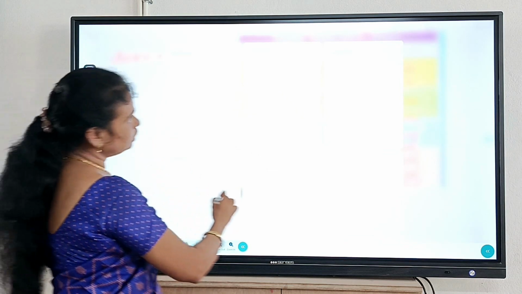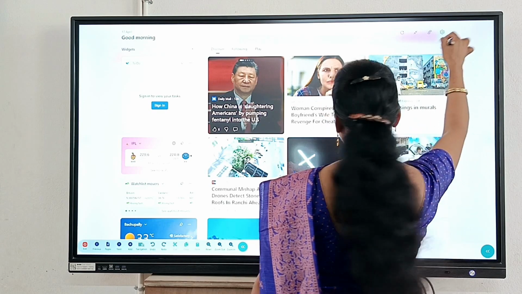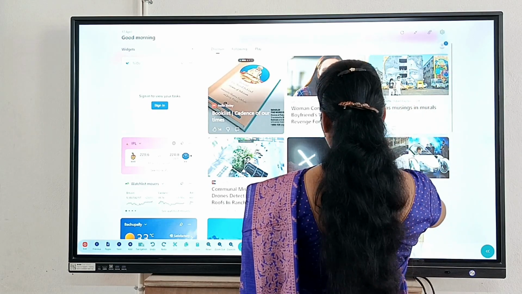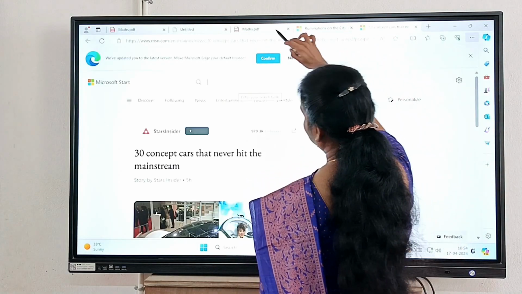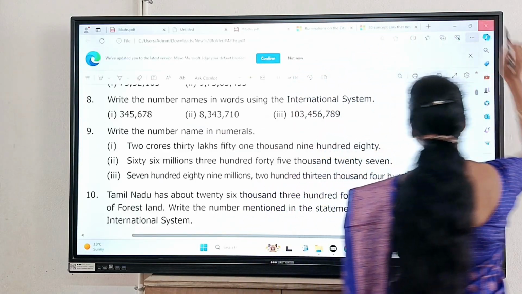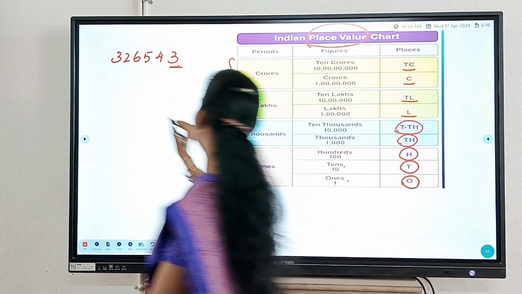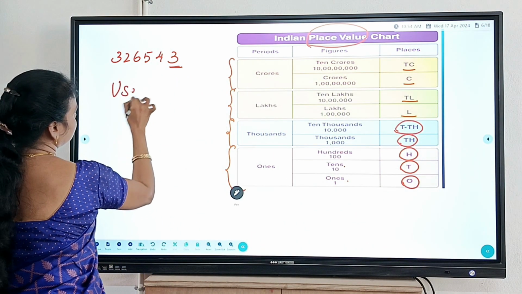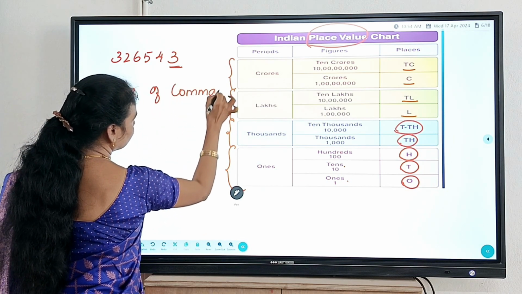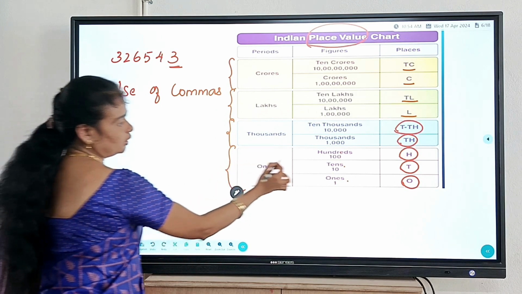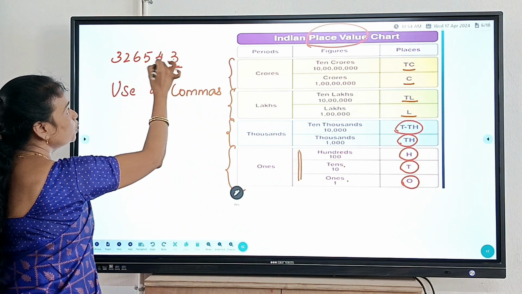So here, how do we use the commas? Use of commas in the Indian system. As I told you already, these three numbers will form one particular group. So 1, 2, 3.